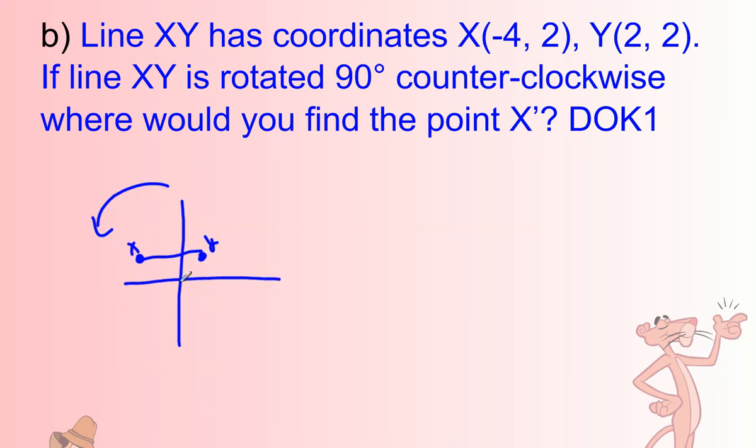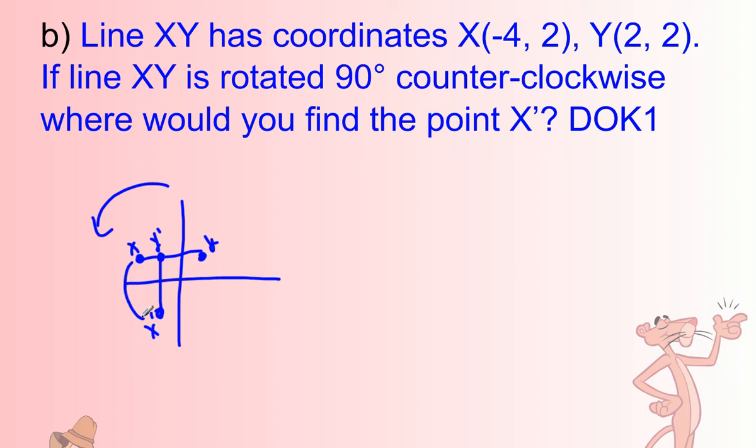So I'm imagining probably something like here to here, x prime, y prime. That's kind of what I'm thinking in my head. If xy is rotated 90 degrees counterclockwise, where would you find point x prime? Well, x prime is this one down here.